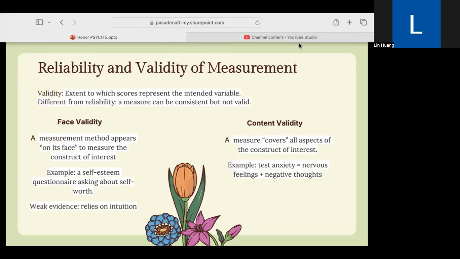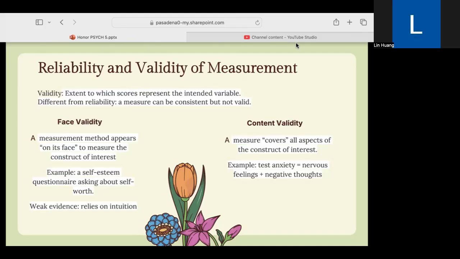Okay. And the first one is face validity. A measurement method appears on its face to measure the construct of interest. For example, a self-esteem questionnaire asking about self-worth. And the weakness of this validity is it relies on intuition.